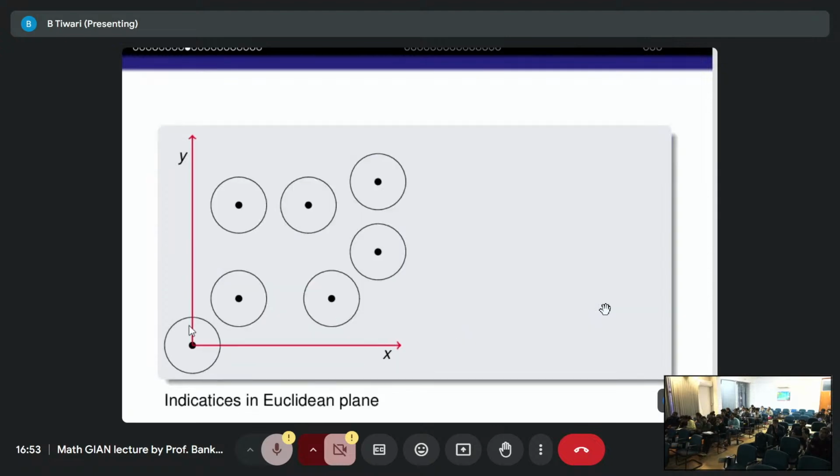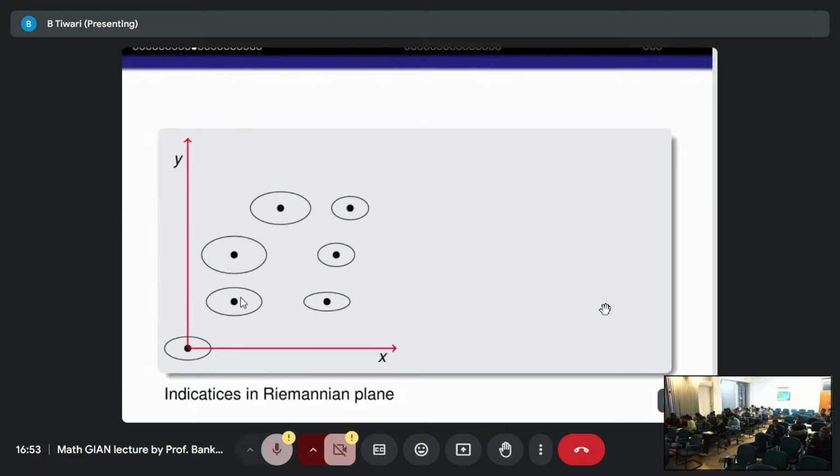You see here, the indicatrix, the unit sphere in the Euclidean plane, is well known. You translate, and in every tangent space you get Euclidean unit spheres. These are the indicatrices in the Riemannian plane.